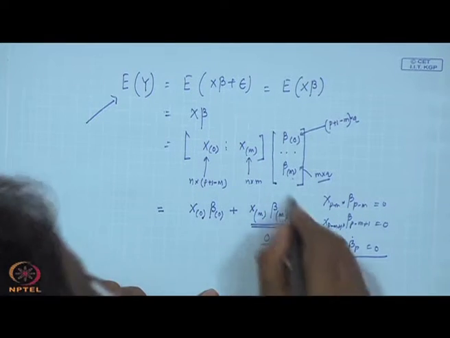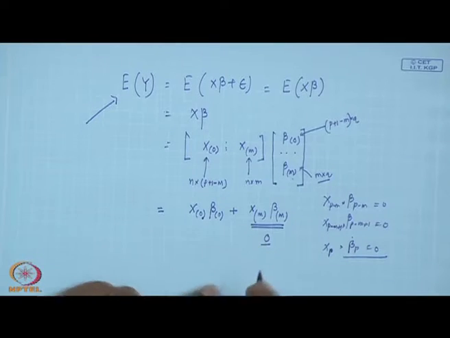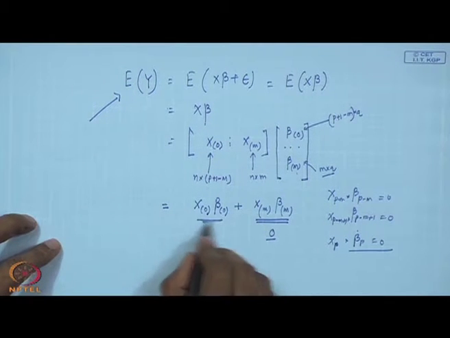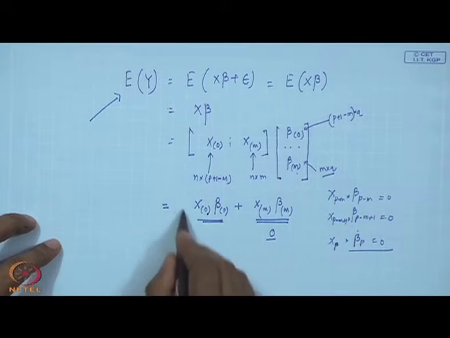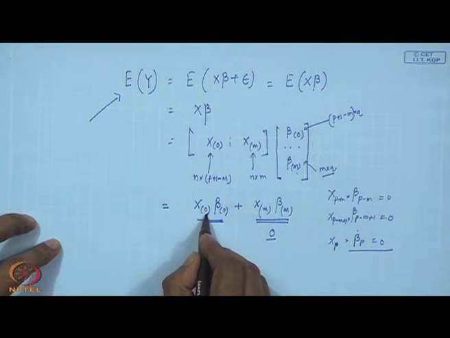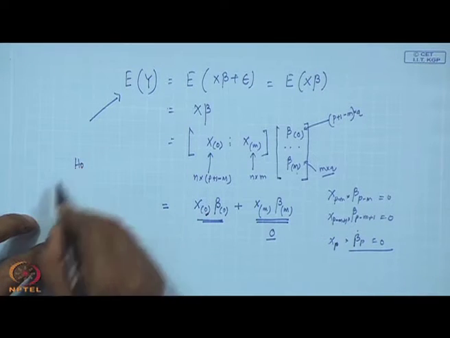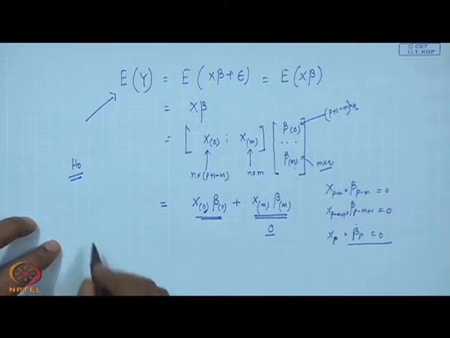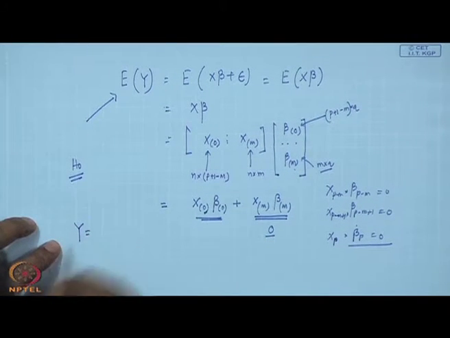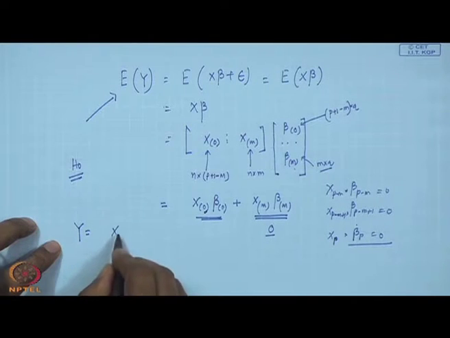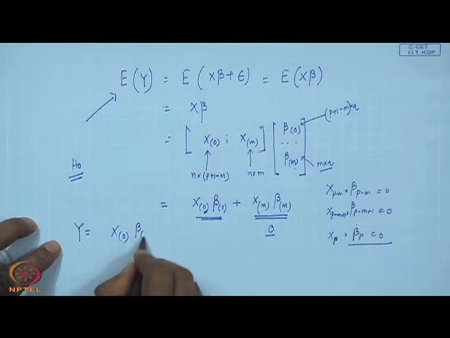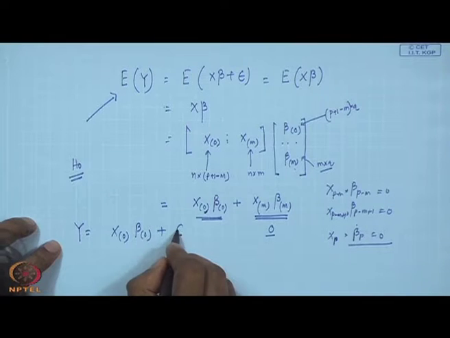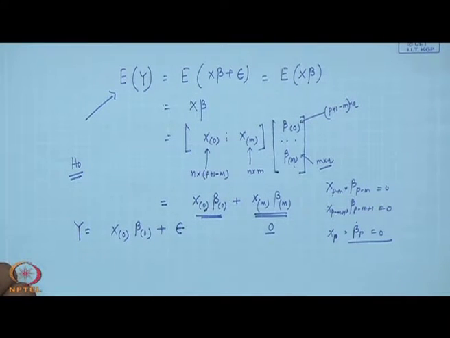So, what I am saying here is that this quantity being 0 means this expected value is dependent only on this. We are using 0 to denote that under H0 this is the situation. Then under H0, y will be x0 beta 0 plus epsilon.